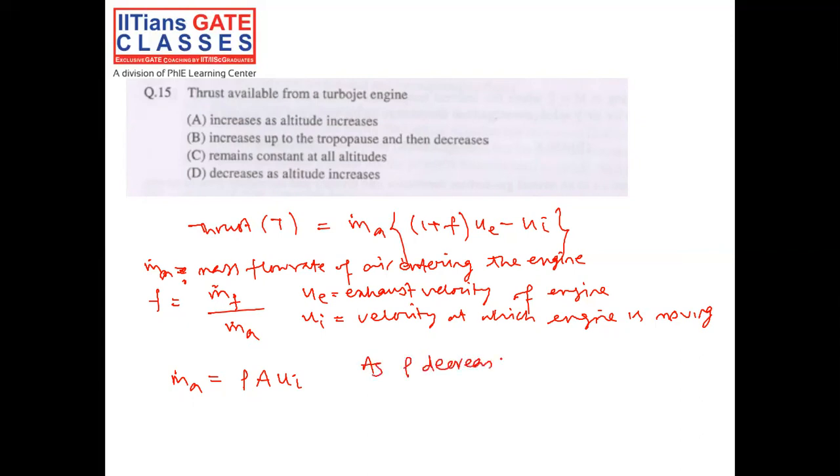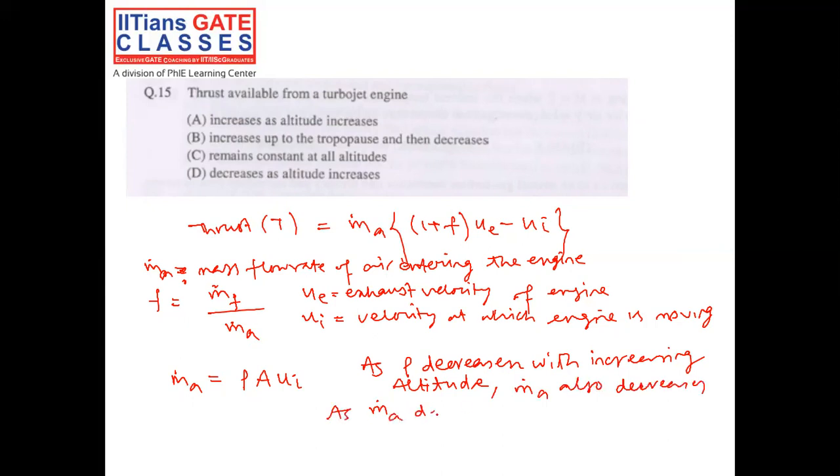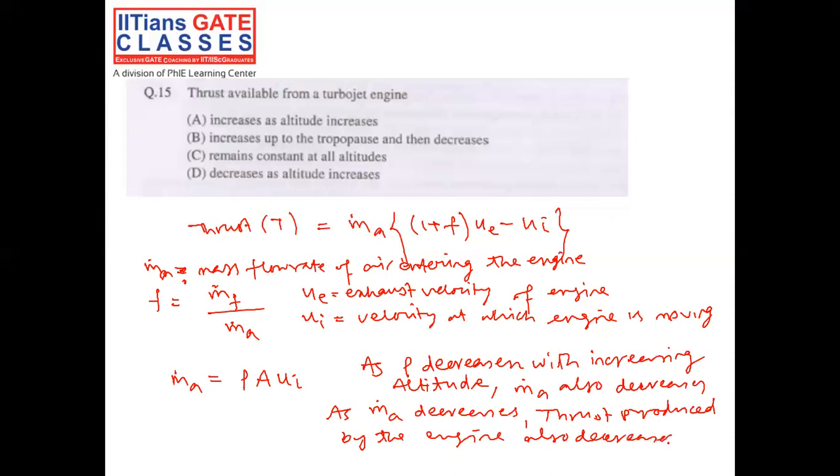So as rho decreases with increasing altitude, ma dot also decreases, and as ma dot decreases, thrust produced by the engine also decreases.